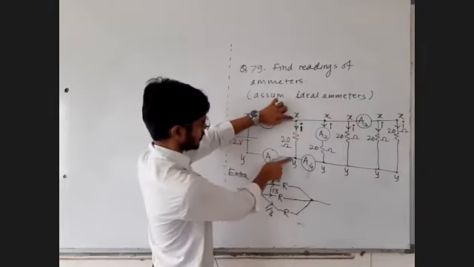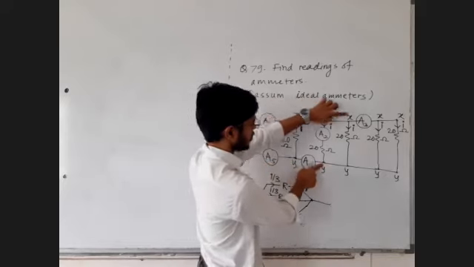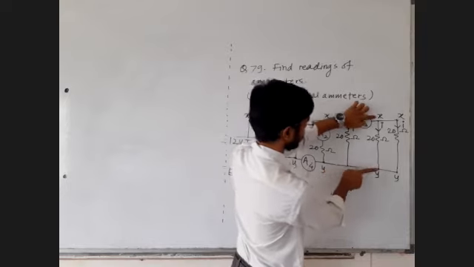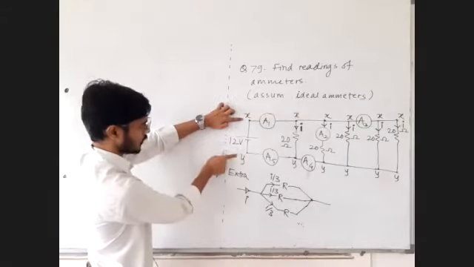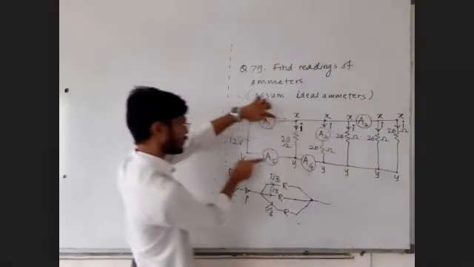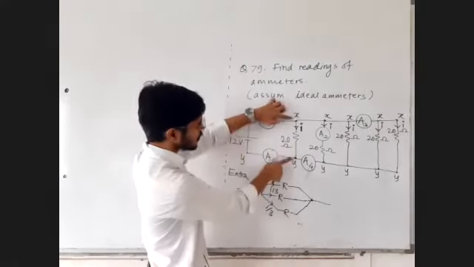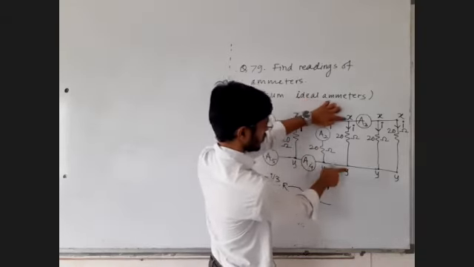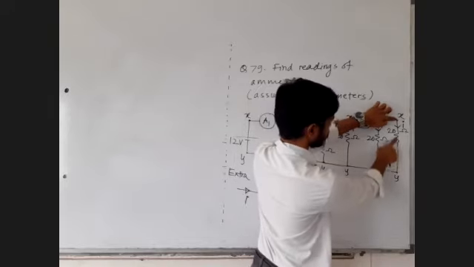Because the voltage across each is Vx minus Vy, the potential of this minus the potential of this, and that is equal to 12 volt. So all these resistances are in parallel. So the current through each resistance is very simple: potential difference upon resistance.